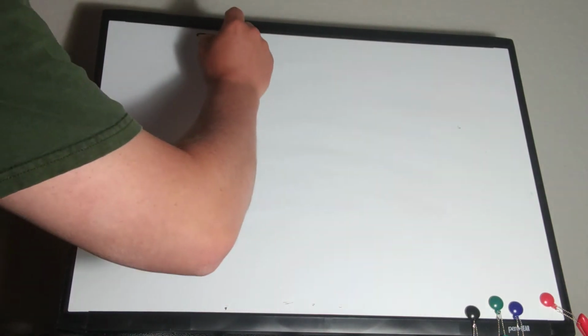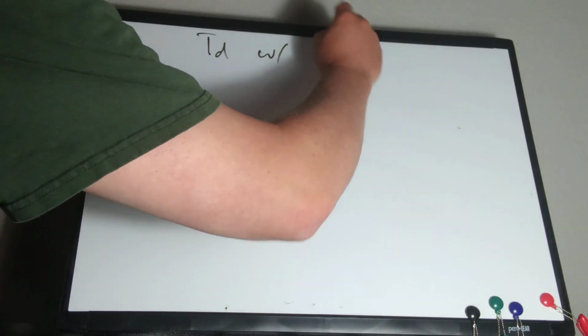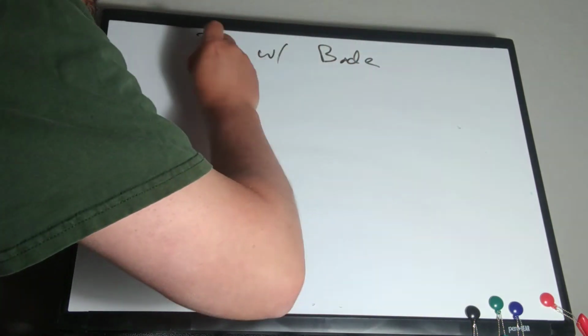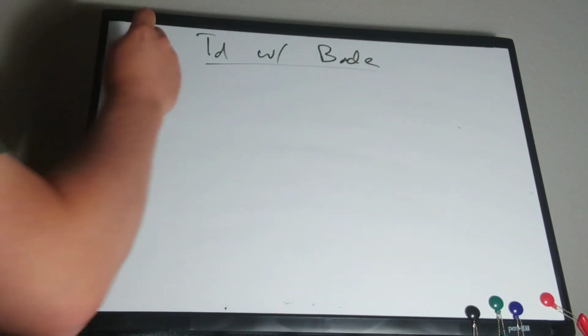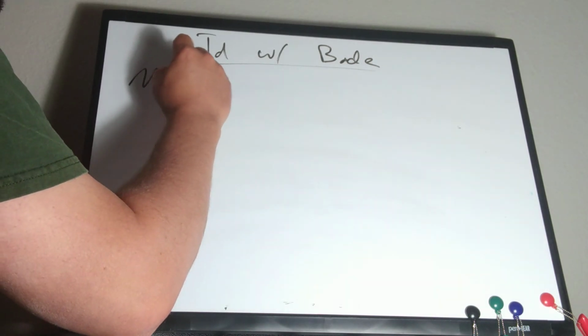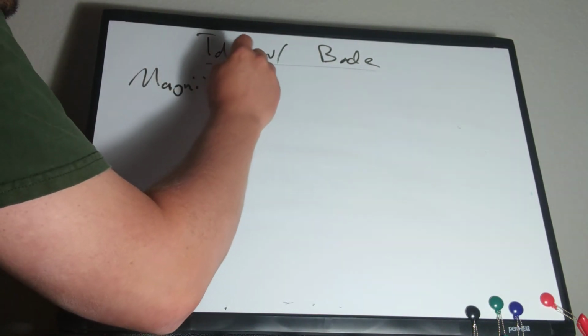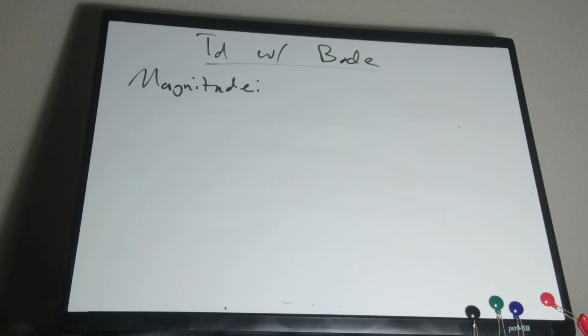So let's talk about now how our time delays will affect our magnitude response and our phase response in our Bode diagrams, TD with Bode. So for the magnitude, there is a short proof that we won't go through for the sake of time today.